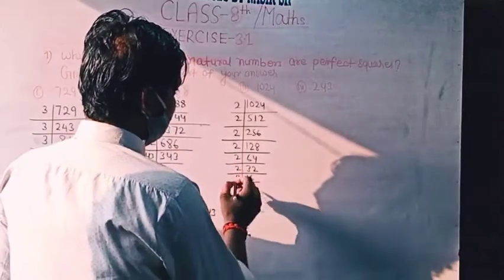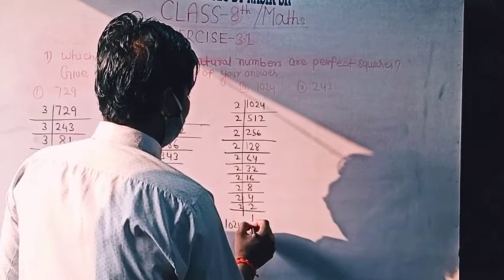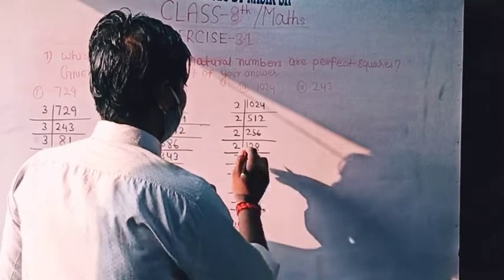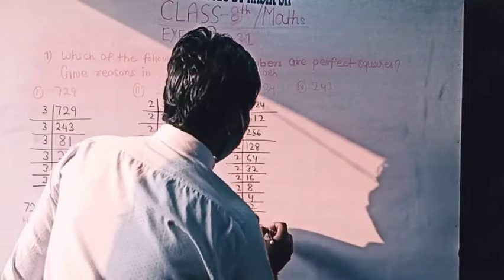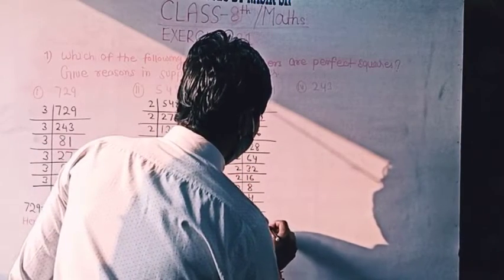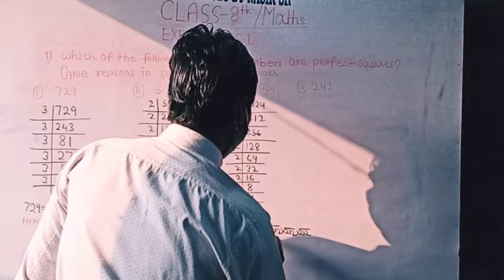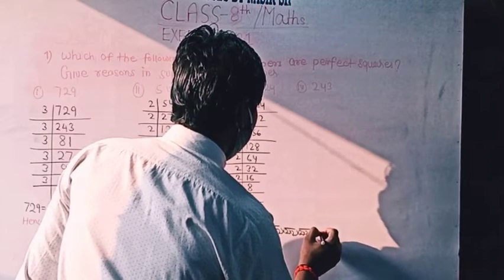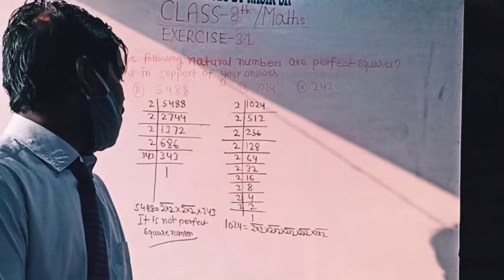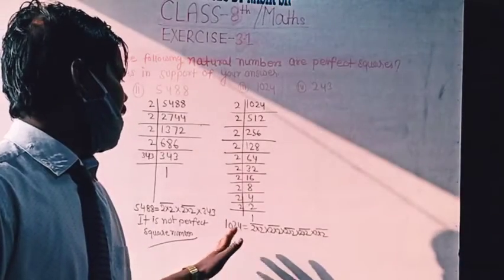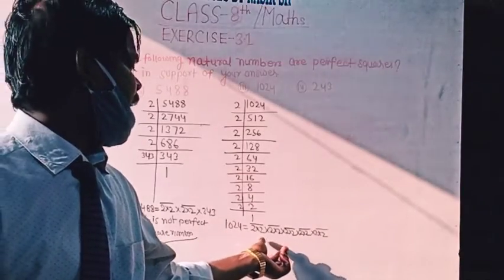So here 1024 can be expressed as a product of prime factors: 2 into 2, the first pair, and so on, ten 2s in total, forming five pairs. So 1024 can be expressed as the product of equal pairs of prime factors.